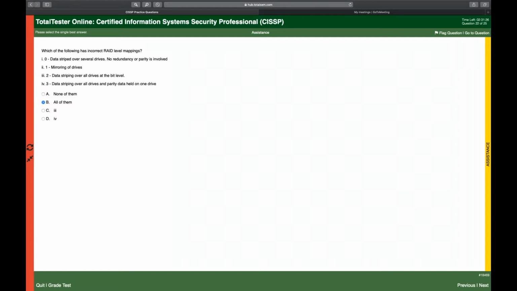You know what, guys? It's challenging. Indulge me here just a second. Go ahead and keep talking. Because I think the one that says 2 should say data striping with a single parity bit, and the one that says 3 should be data striping with dual parity bit. That's what it should be.